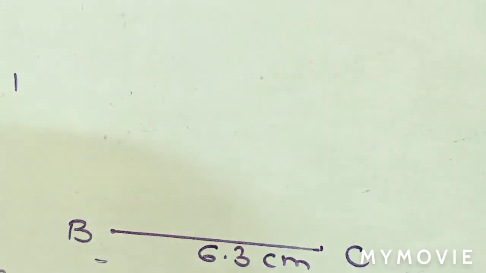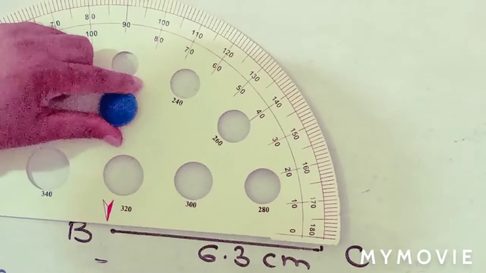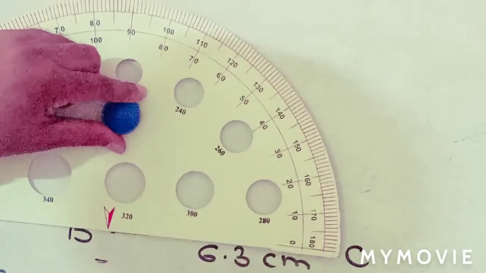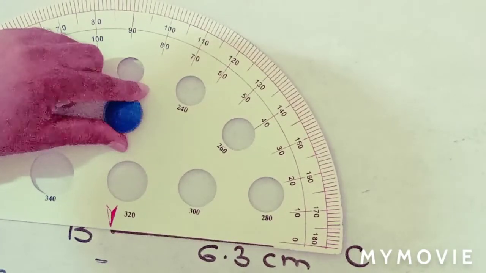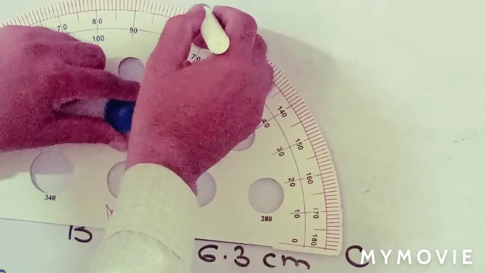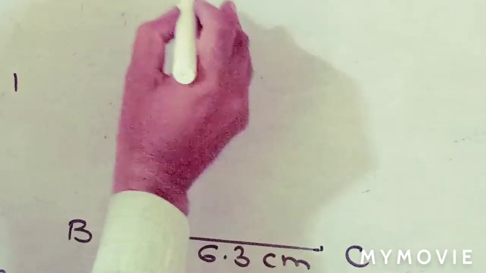After that, we have to draw the base angle. The base angle is 75 degree, and for that we have to use this protractor. Adjust the protractor in such a way that the base of the protractor lies on base BC, and we want 75. From the right side, see 75 here, and plot a point at 75 degree.